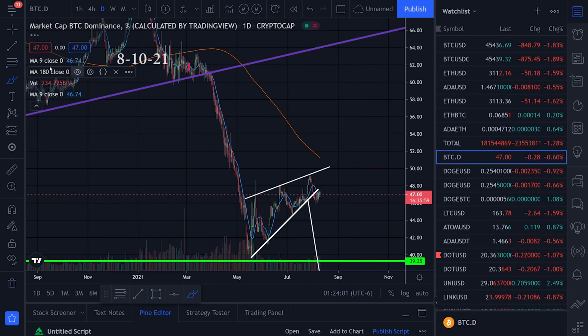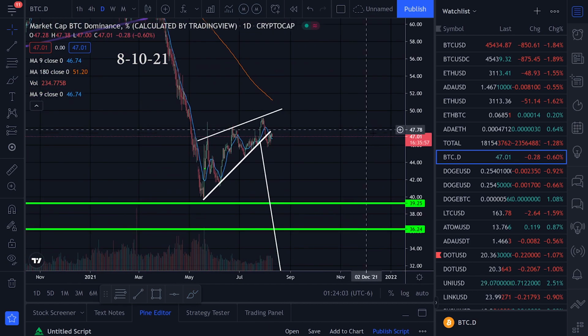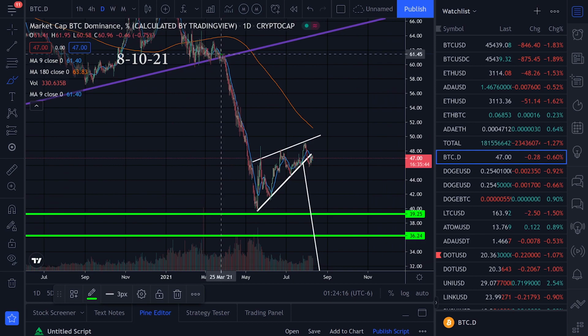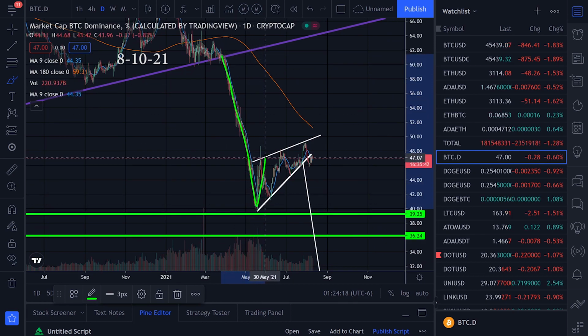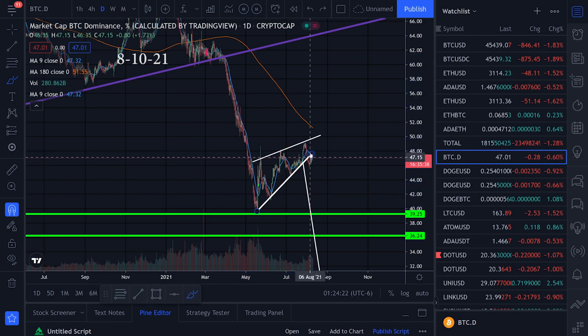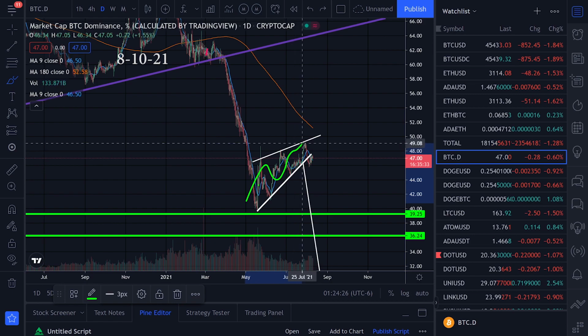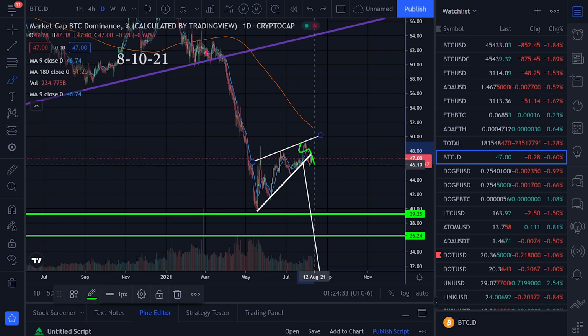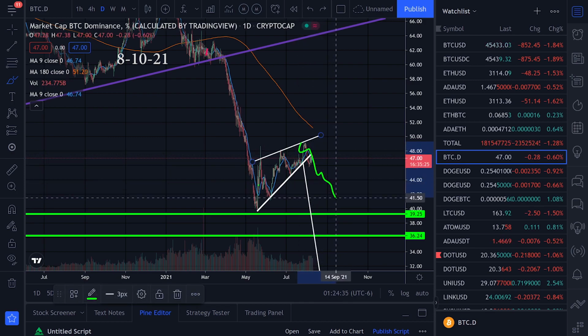The other thing we could take a look at is the Bitcoin dominance. It looks like we have a huge downtrend, and then we had a rising channel, rising wedge, something like that. And we got a breakout to the downside, which makes sense. It's a bearish pattern, breaking to the downside. I would have assumed that this would have broken down and trended down more until we went down here.